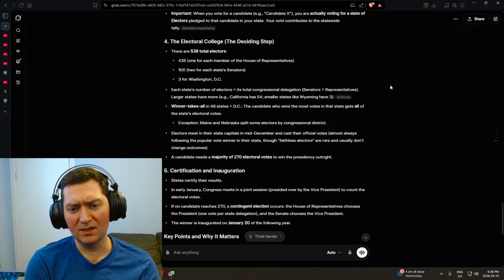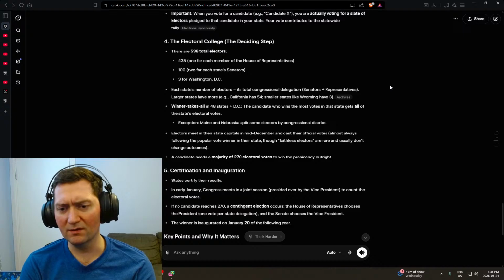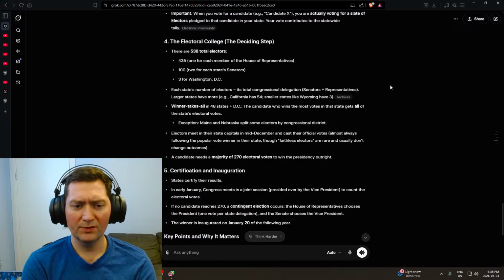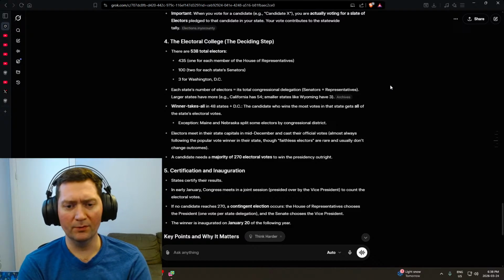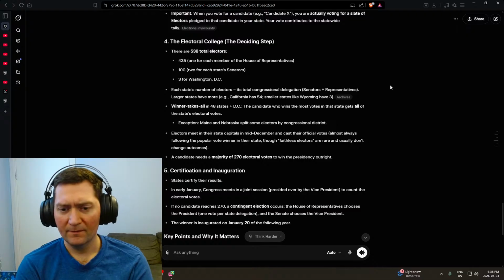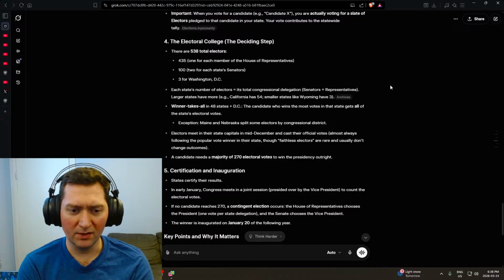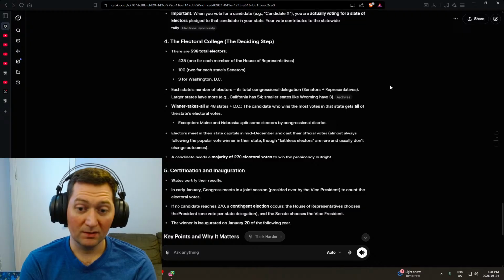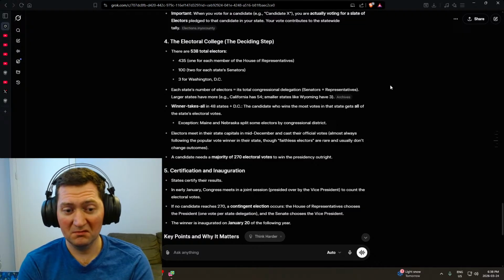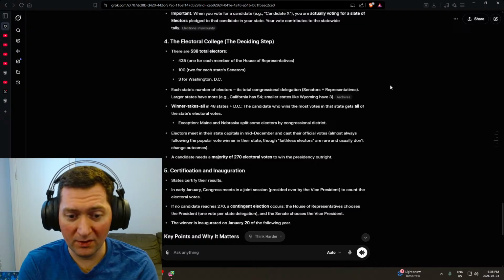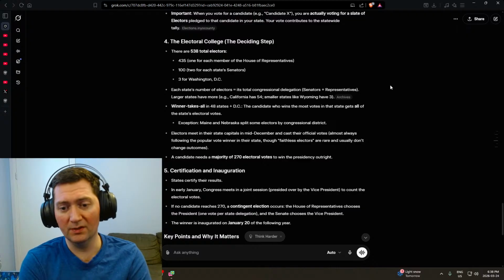Electors meet in their state capitals in mid-December and cast their official votes, almost always following the popular vote winner in their state, though faithless electors are rare and usually don't change outcomes. But they exist. A candidate needs a majority of 270 electoral votes to win the presidency.